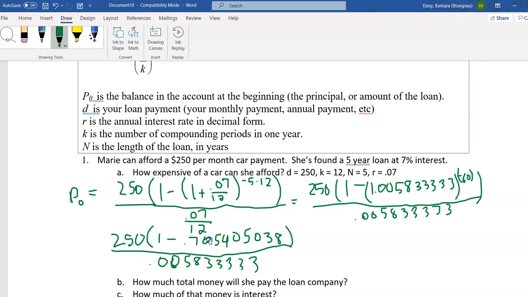So let's take 1 minus this decimal, and after that we'll multiply the 250, but not yet. So if I take 1 minus this number, I'll get 0.294594962.